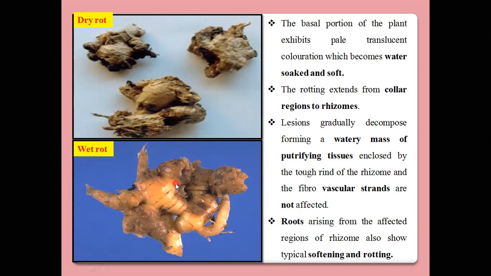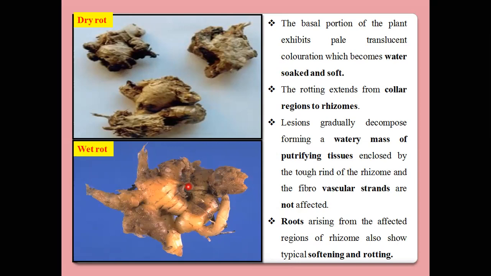The brownish lesions enlarge to the entire surface of the rhizomes. These lesions gradually decompose, forming a watery mass of putrefying tissue enclosed by the tough rind of the rhizomes and also the vascular strand of the mycelium.